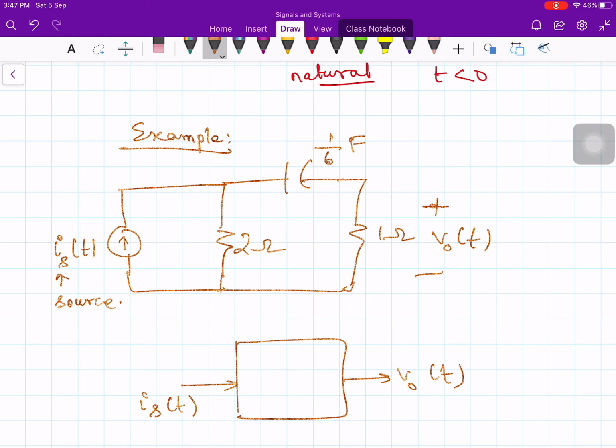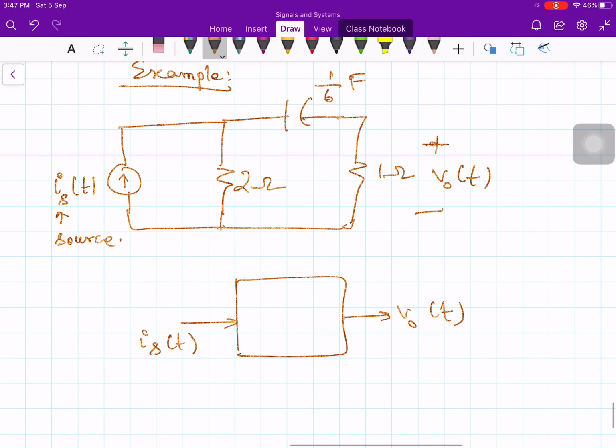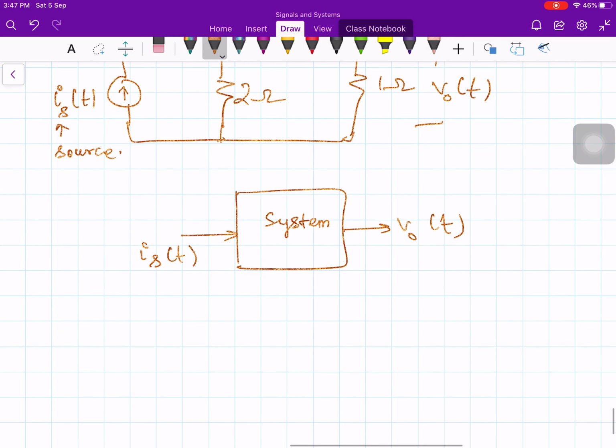So from steady state theory, we would like to find out what is the h of j omega for this. That means what is the ratio of the phasor for V0 to the phasor for IS of t. So your h of j omega is equal to V0 bar divided by I0 bar phasor. It is pretty simple to find out.